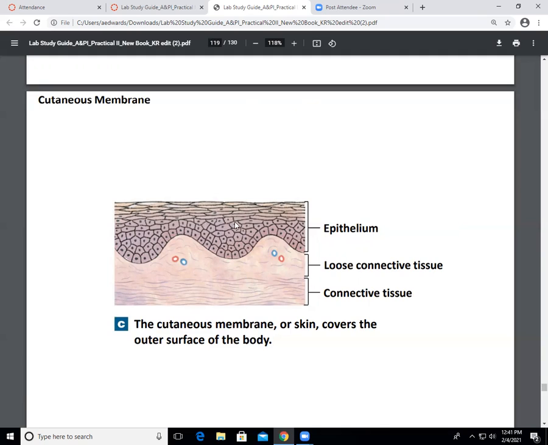All right, what kind of epithelium is this? Well, remember that the apical surface is what we determine the shape by. So again, first, multiple layers or single layer? Multiple layers. At the apical surface, what type of shape are these cells? They're flat.